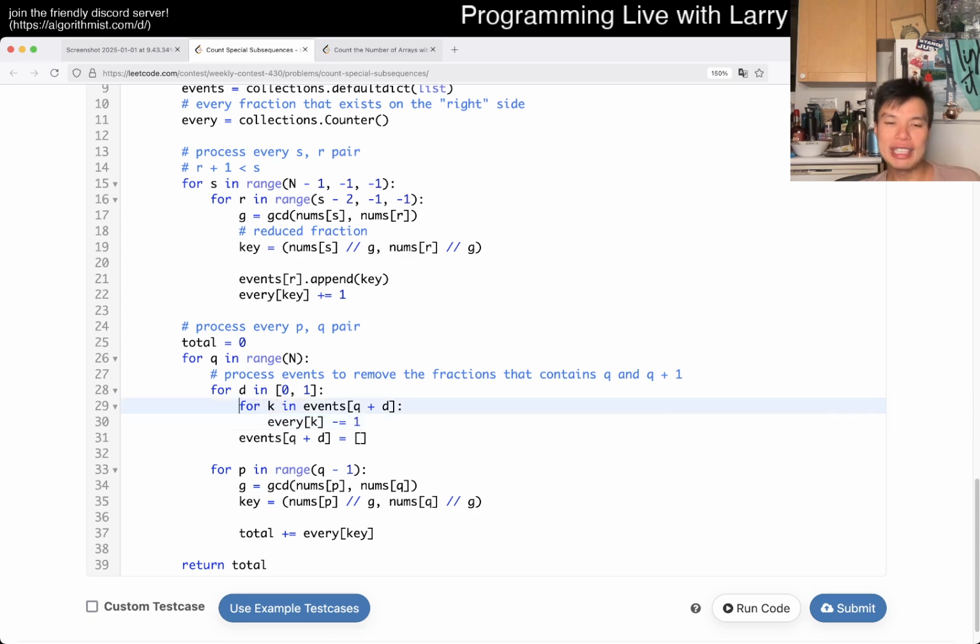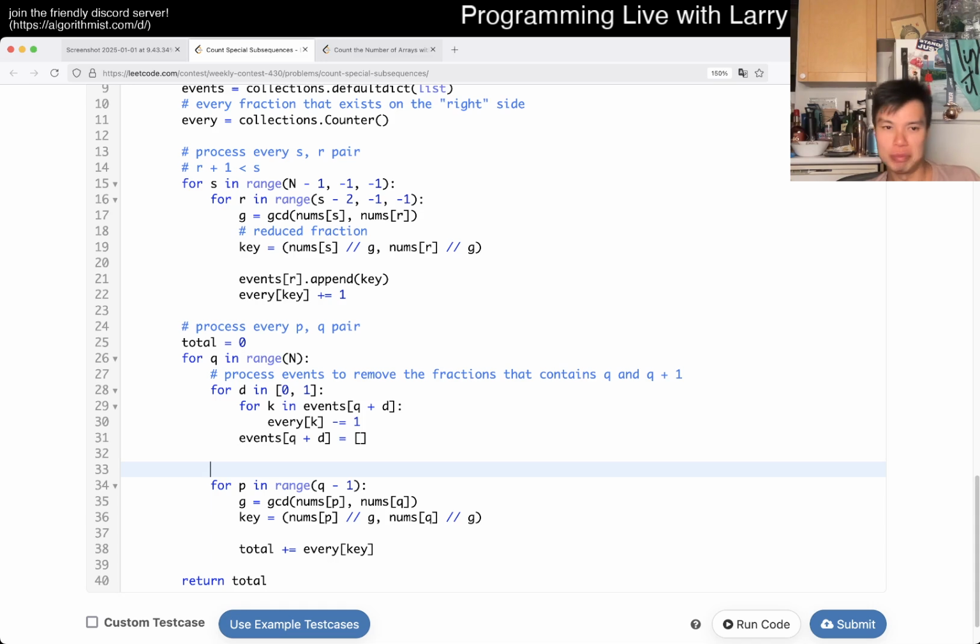So then for every event, every key, which is a fraction, we just subtract by 1, and then we set it to empty so we don't do it again in the future, both for time reasons, because in the future this is a little bit cheaper, but also to avoid double removal, right? So that's basically the idea. Process events to remove fractions as you sweep from left to right. And then here we just brute force the P to process, and we get the fraction, and then we just add up the sum, and that's pretty much it.